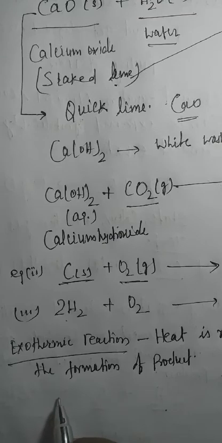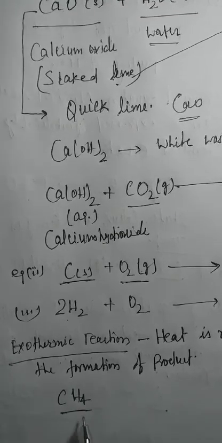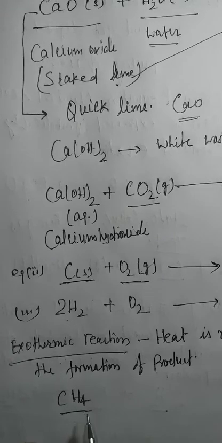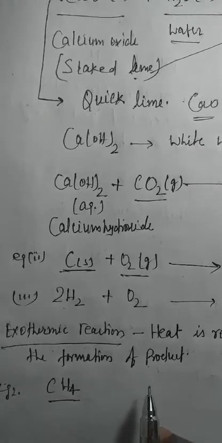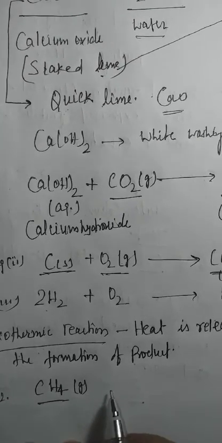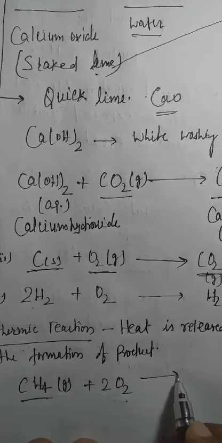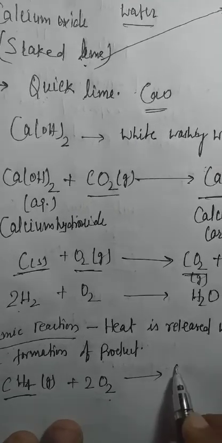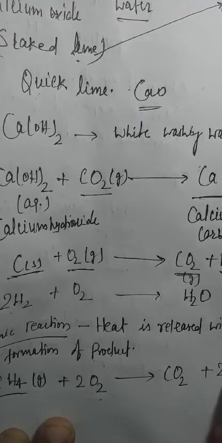An example again: this is a formula you memorize now. This is the formula of methane. CH4 is the formula of methane. Better write it down in your copy. This is CH4, which exists in gaseous state, reacting with two times oxygen. We are just trying to make a little balanced equation. It forms carbon dioxide plus two times water.